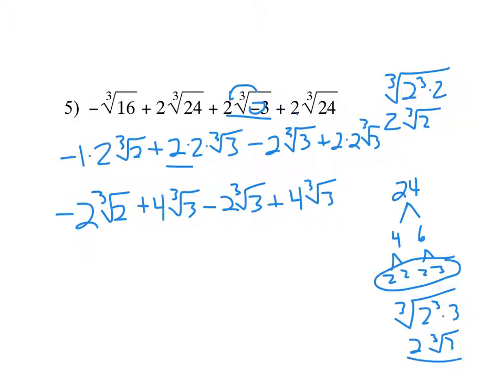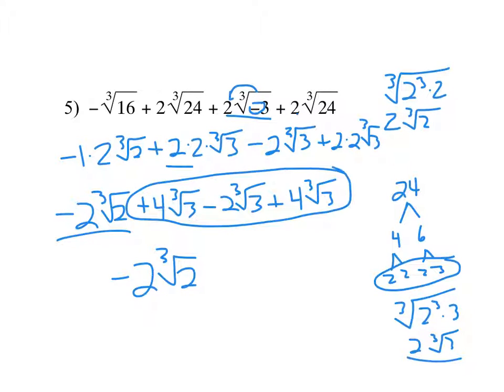Okay, so now to finish this up, this guy right here is all on its own. Nothing I can do with that one. But I can combine all of these because they are all like terms. So 4 minus 2 is 2. And then 2 plus 4 gives me 6. So this is 6 times the cube root of 3.